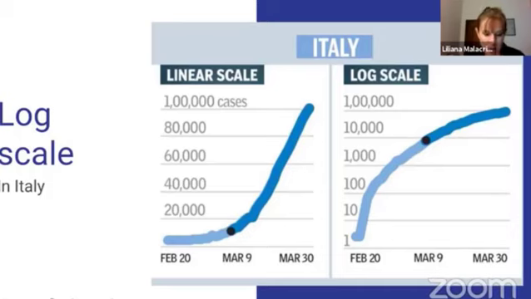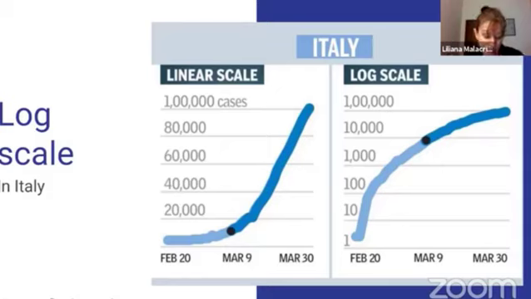So 100 times 10 is 1,000, times 10 is 10,000, times 10 is 100,000. So that means that there is no fixed amount of space on this chart for a certain number of cases.